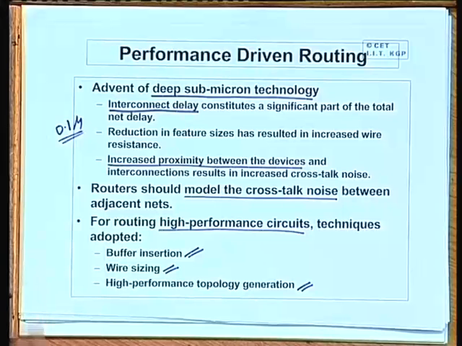People are working on it, that given some delay and performance constraints, how to carry out the global routing. Global routing cannot be as abstract as it used to be in case of high performance design. Global routing should also very accurately model the crosstalk noise and interconnect delays so as to give a fairly good estimate regarding the quality of the solution.